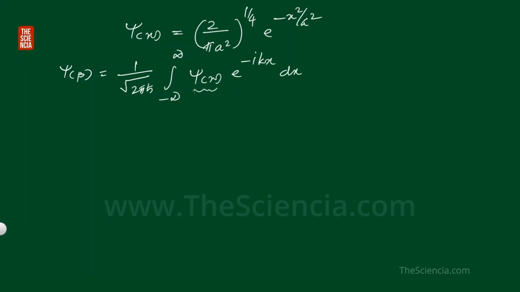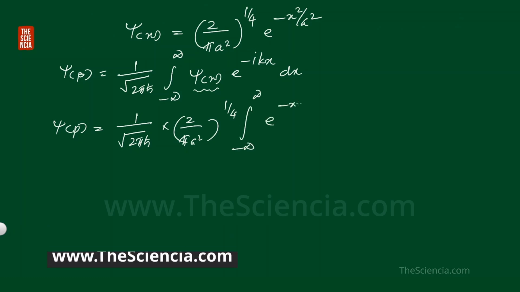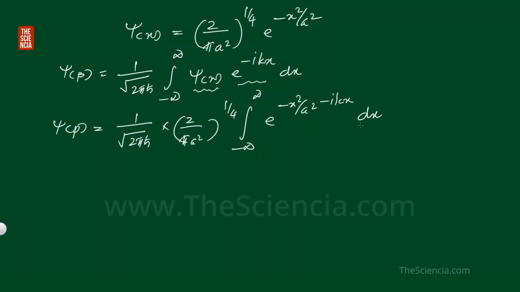So we have to substitute for psi of x, that is psi of p is equal to 1 by root 2 pi h cross into, here I am taking this constant also outside, that is (2 by pi a square) all raised to 1 by 4 integral minus infinity to infinity e raised to minus x square by a square into e raised to minus i kx dx.